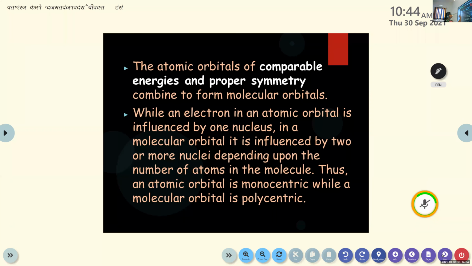If there is a large difference in energy between the orbitals, they cannot combine to form molecular orbitals. So they should have almost similar energy and symmetry for the formation of molecular orbitals. That's the second point.